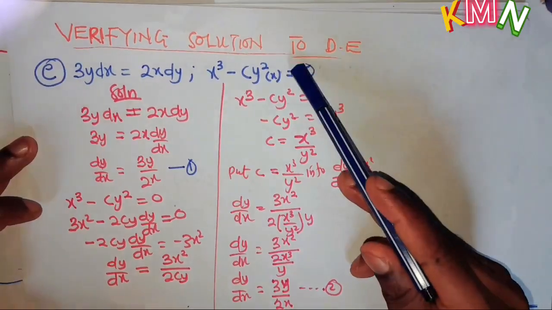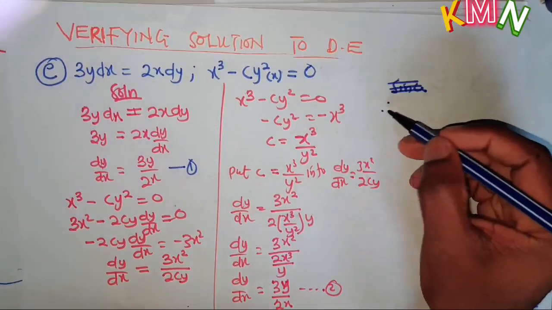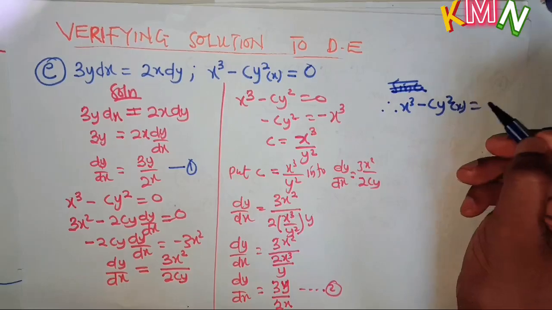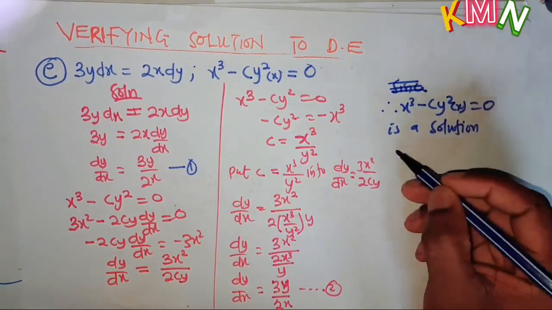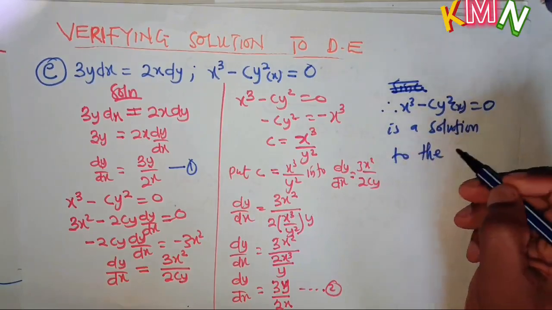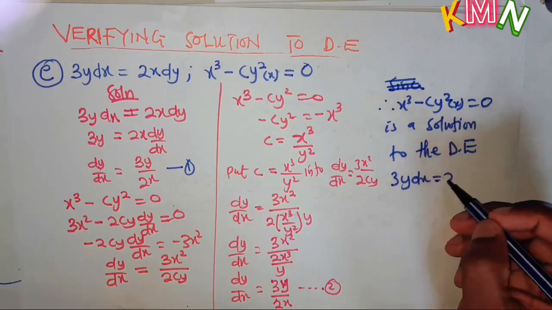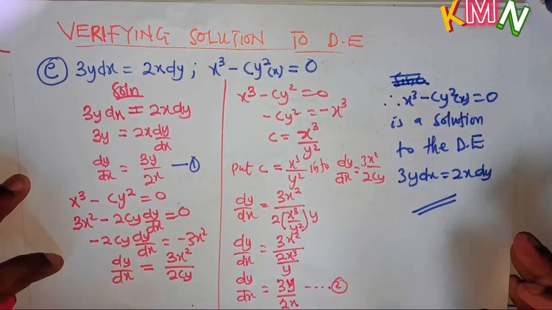Hence, this function is a solution to the differential equation. Therefore, x cubed minus cy squared equals 0 is a solution to the differential equation 3y dx equals 2x dy.